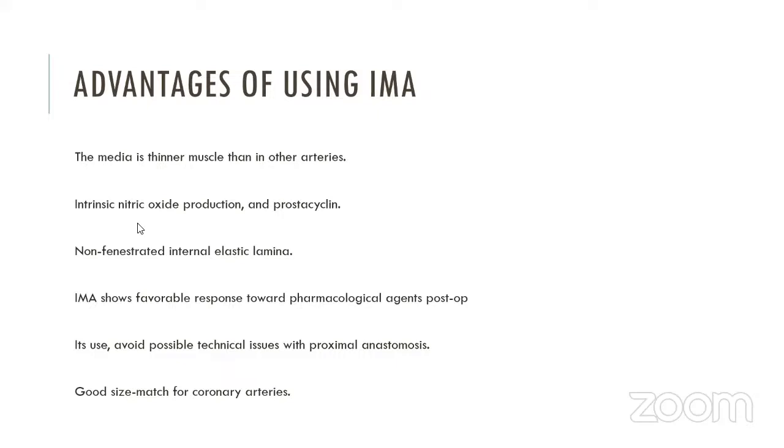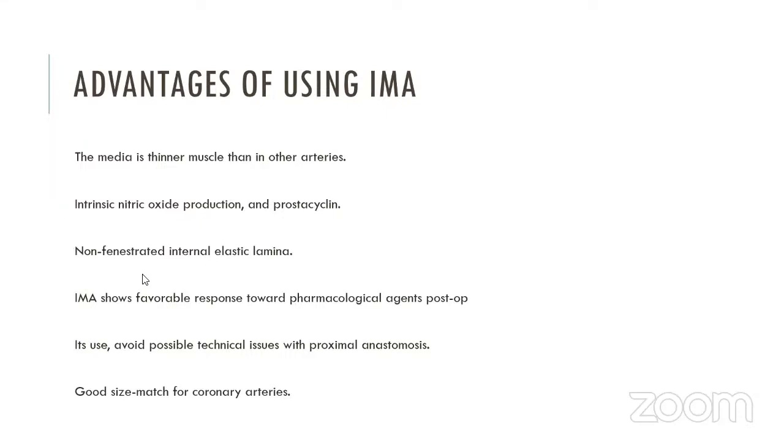I already mentioned that there's intrinsic nitric oxide production and prostacyclin, both of which are considered vasodilators. Now, this vasodilation does not only benefit the LIMA itself, but also the vessel that is anastomosed to it. So the LAD will get the benefit of this intrinsic vasodilation. The LIMA also has a non-fenestrated internal elastic lamina.